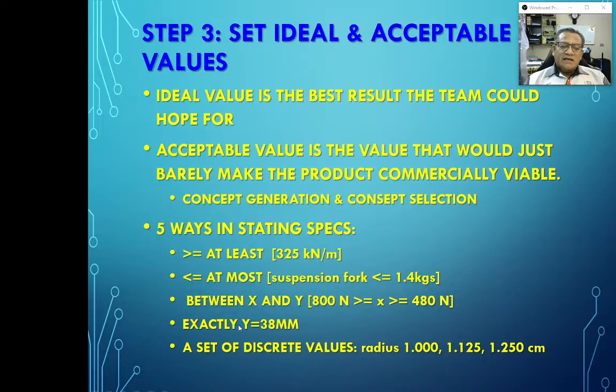Or you could set exactly, like the tire wheel size of 38 millimeter, or it could be a discrete value, which is radius 1 cm or 1.125 cm. This is a definite value. So you have to set the ideal and acceptable values so that you could design the product in the middle approach between the high spec and the low spec. That would be a wise approach to pursue.